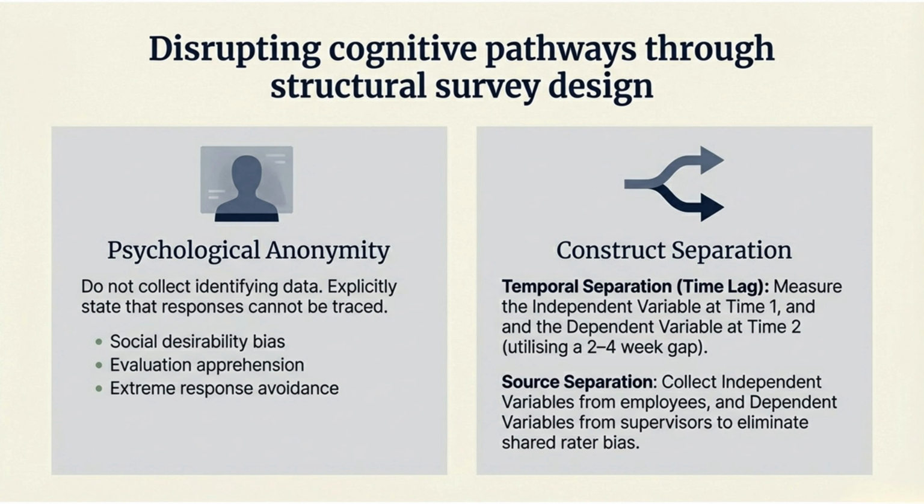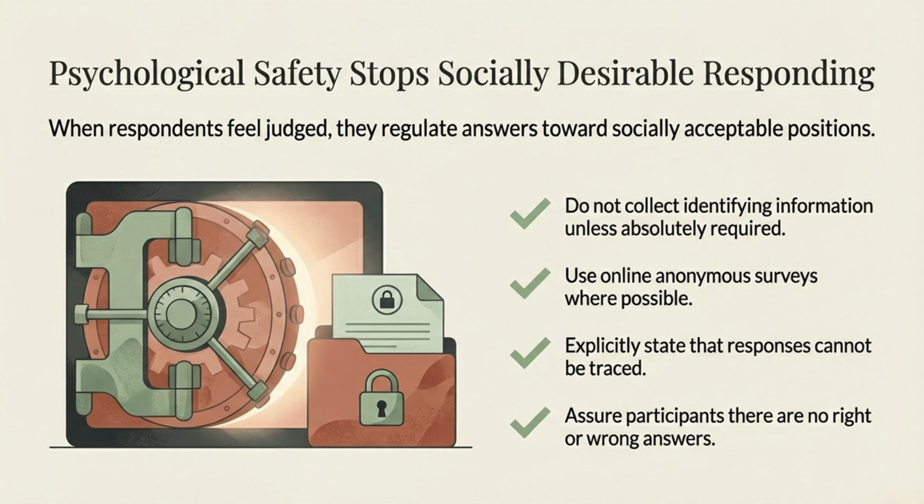When respondents feel identifiable, especially in physical data collection settings, they tend to moderate some responses. Even if the names are not recorded, the mere presence of the researchers can suppress the honest reporting of the respondent.